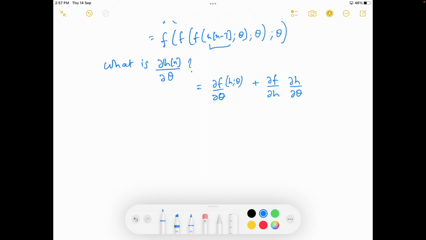That's how we do it, chain rule. You first differentiate f with respect to theta, then you differentiate f with respect to h and h with respect to theta. So this h is h n.